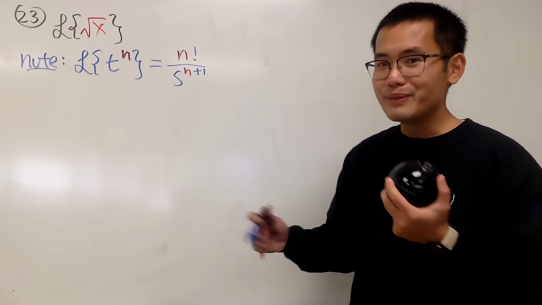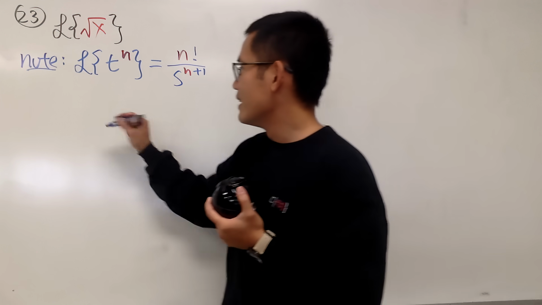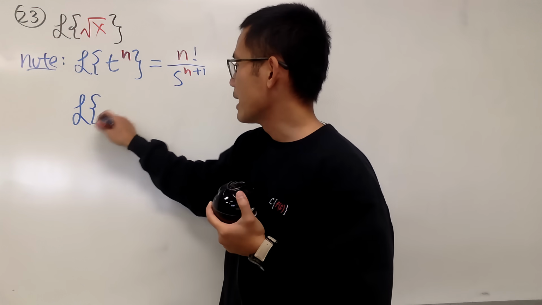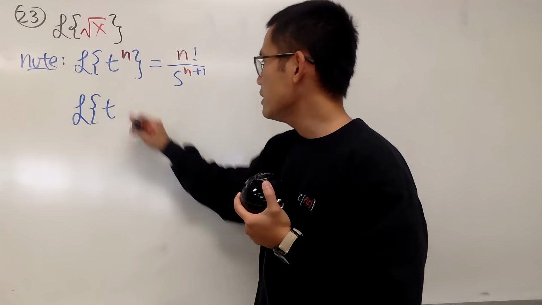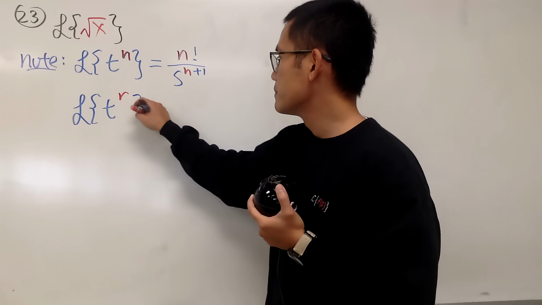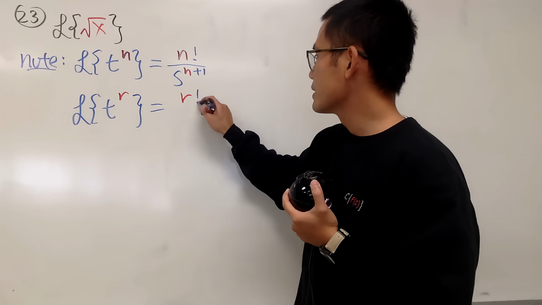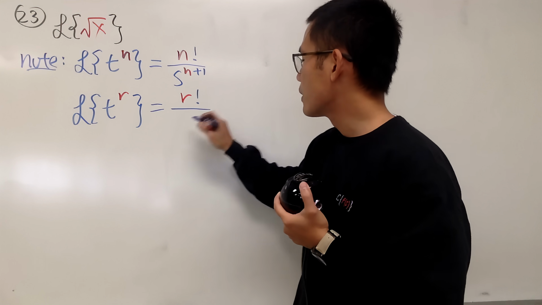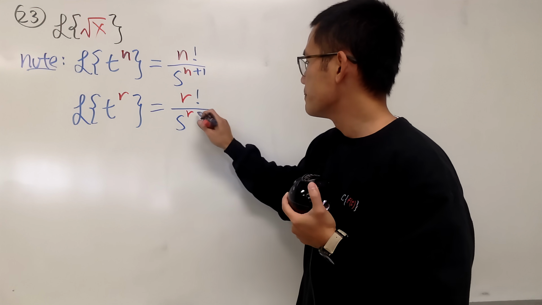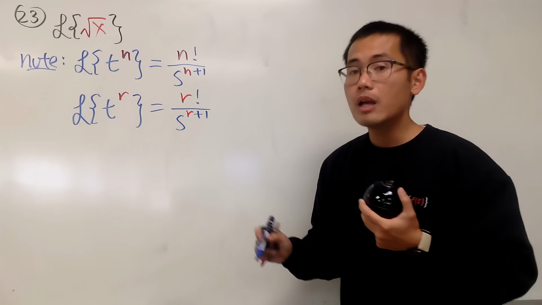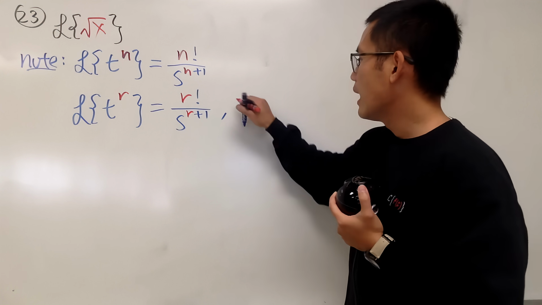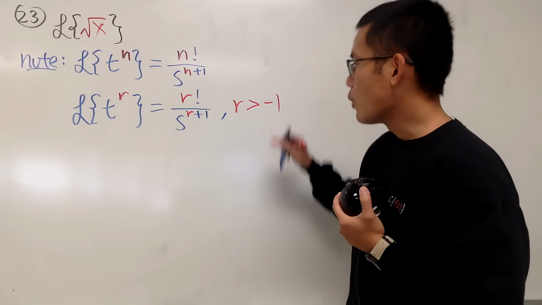You can actually have a lot more numbers. If you would like, you can have the Laplace transform of t to the r power. I'm using r right here, and we will say this is r factorial over s to the r plus 1. In this case though, r has to be greater than -1.